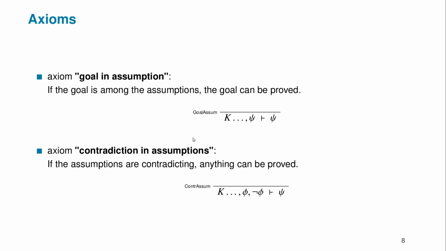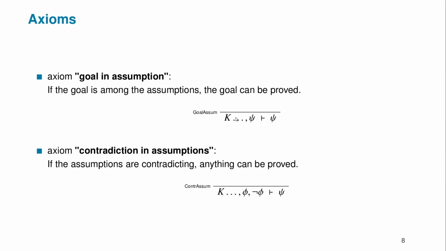Okay, so first of all we have axioms. Yeah, so we have various rules and we have axioms, and axioms are expressions which are always true, which hold by definition, and in our system we have two axioms.